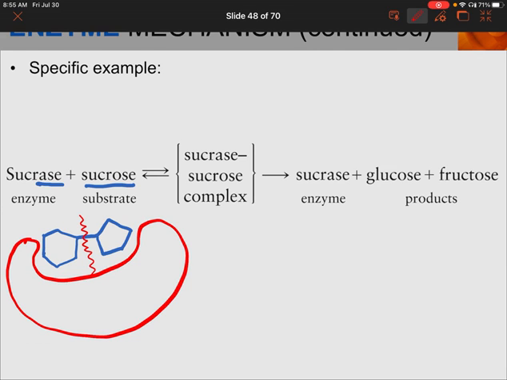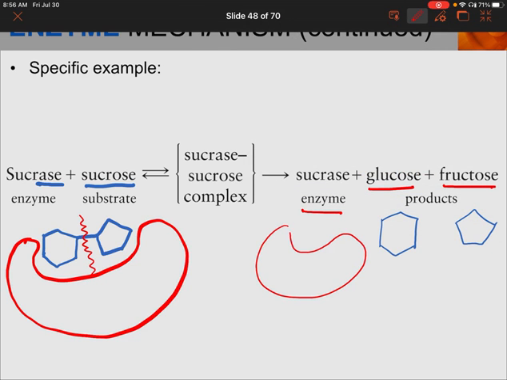So then we'll end up with the products glucose and fructose, and the enzyme will just be left over to go break apart other sucrose molecules. So again, we would end up with glucose, fructose, and then our enzyme. I always kind of draw enzymes as little kidney beans.